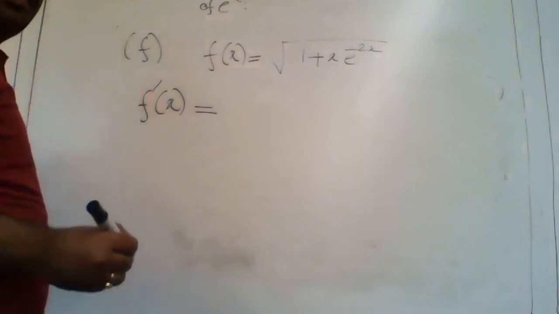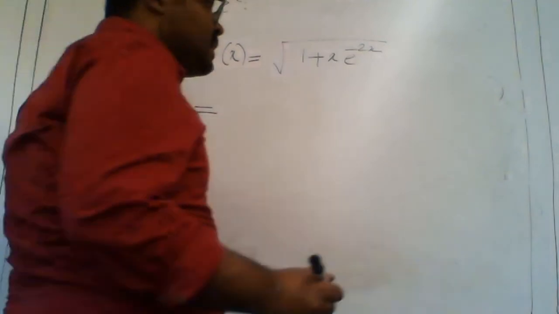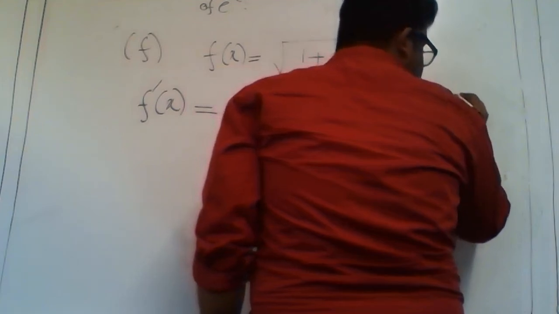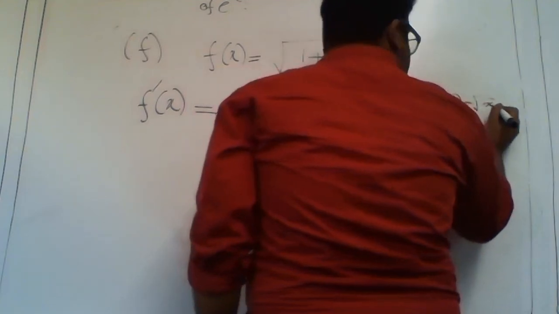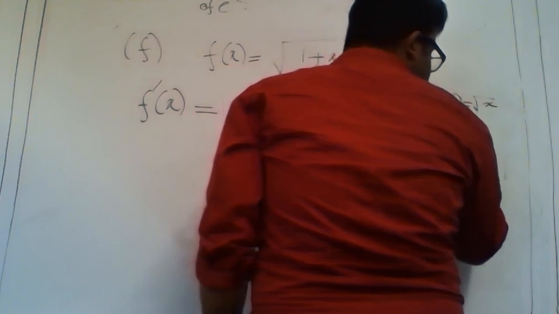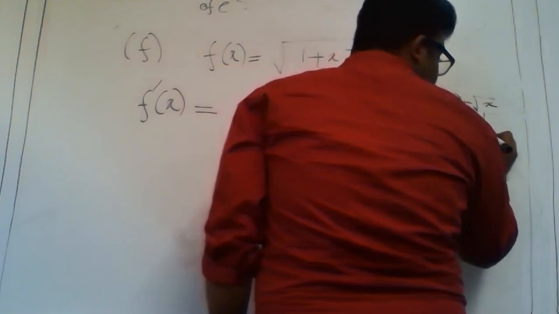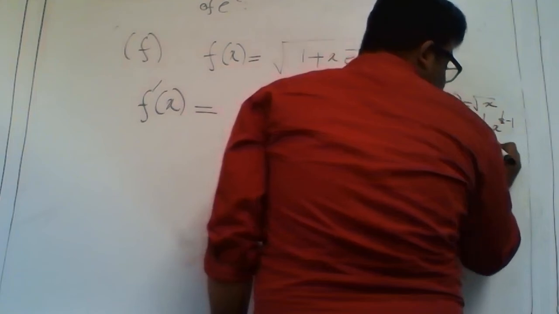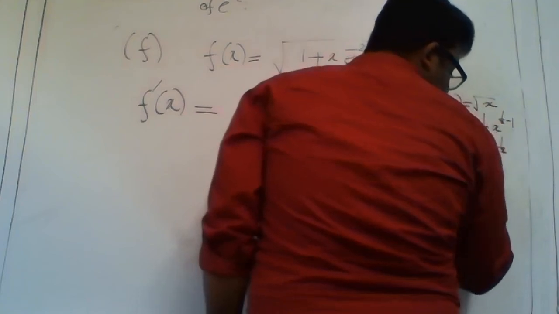Now, what is the derivative of the square root of x? If you remember, if f(x) is the square root of x, then its derivative is f prime x equals half x to the power half minus 1, so it will be half x to the power minus half, which is 1 by 2 square root of x.